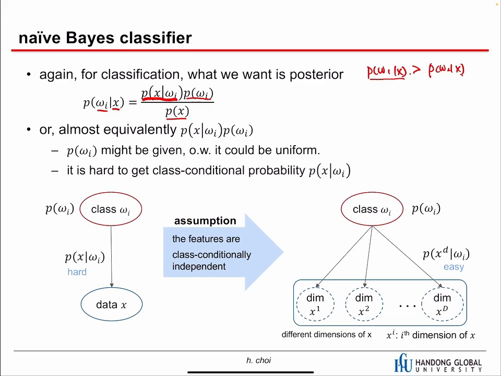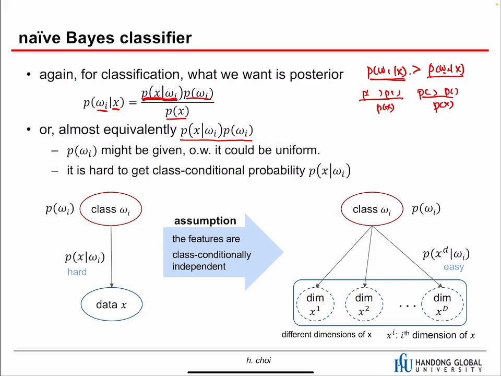Or equivalently, we can just focus on the likelihood times prior, because think about this. We want to compare these two probabilities. In this case, we have a likelihood and prior, divided by p of x. And for this case, we have likelihood and prior, divided by p of x.